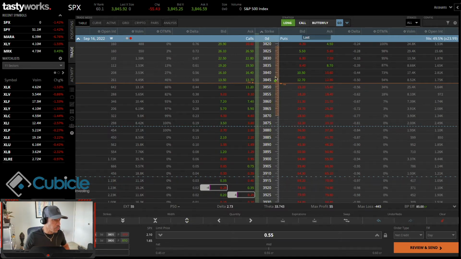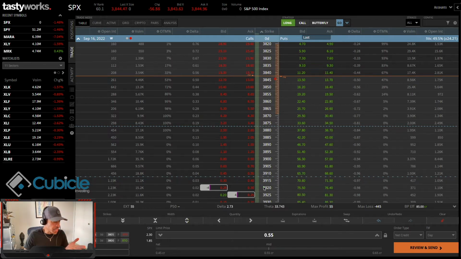This circle on this platform represents the current price of the underlying, and the actual value here is 38.45 and some change. So I make money on this bearish options trading strategy, which is called a credit spread, as long as the price of the underlying stays below my short strike of 39.20.